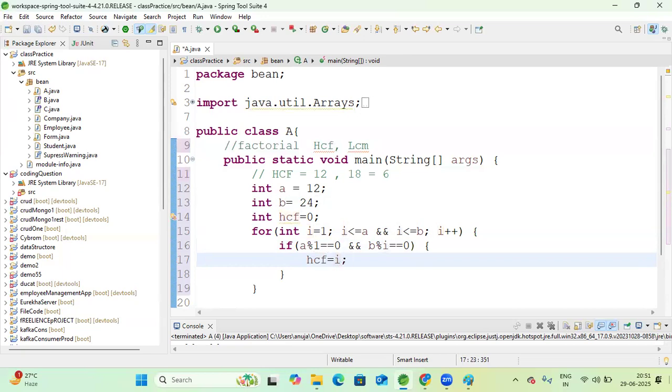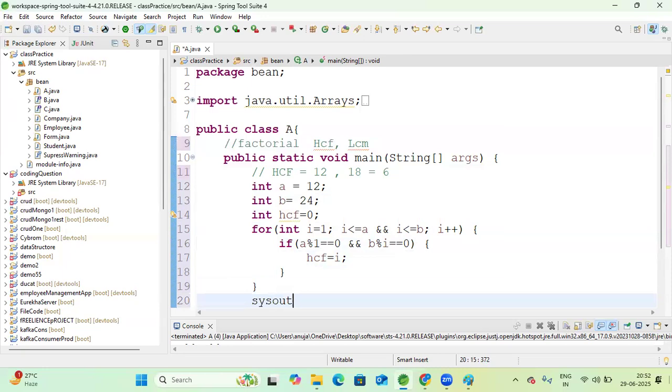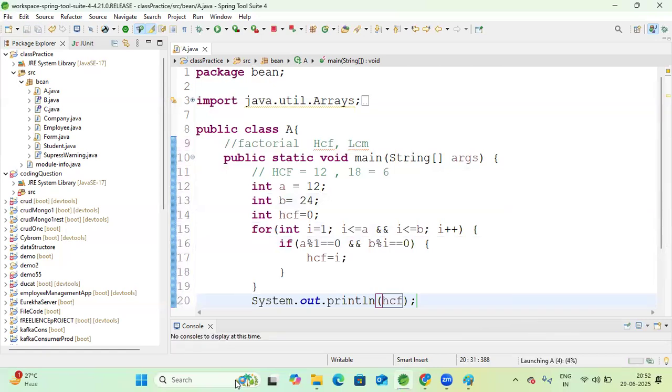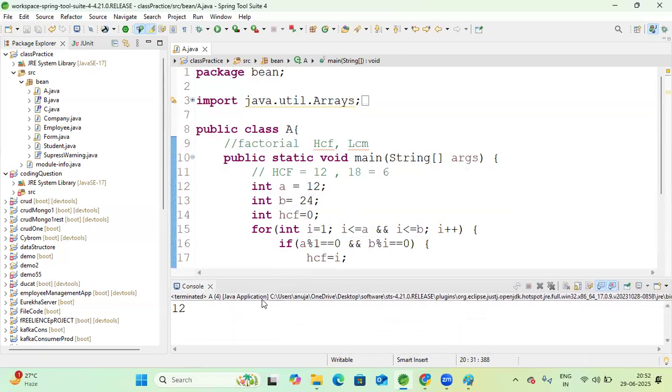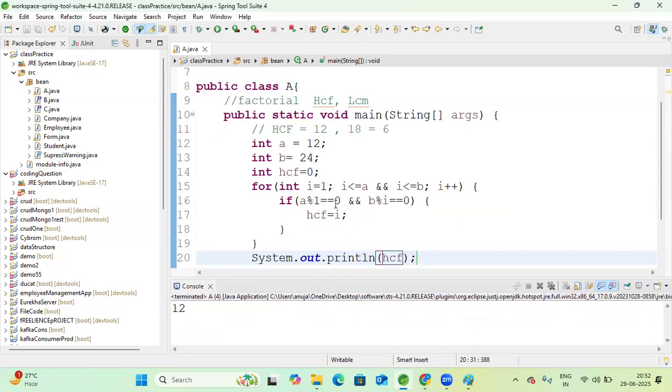Simple. Then come outside the for loop and print HCF. See, we are getting the common value of both A and B, that is the top.